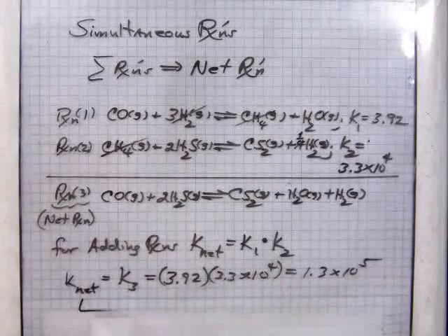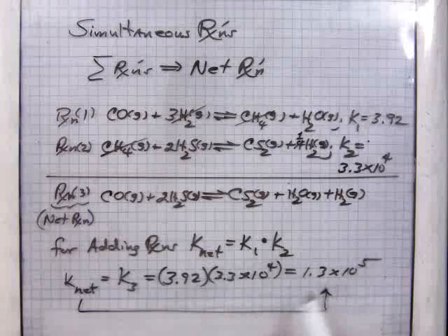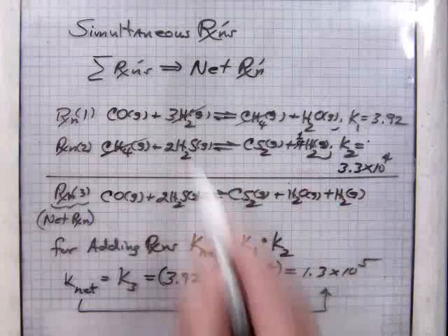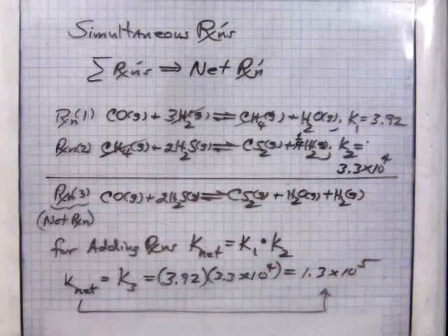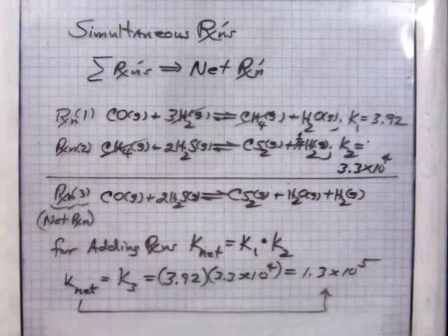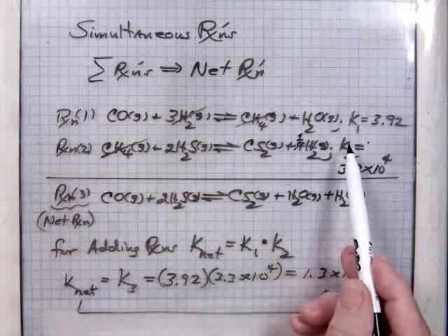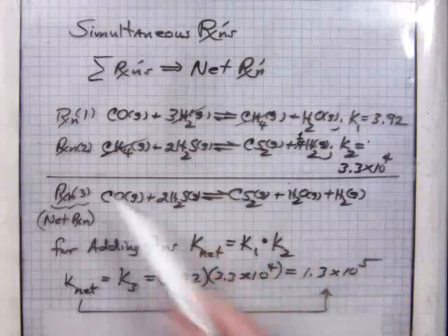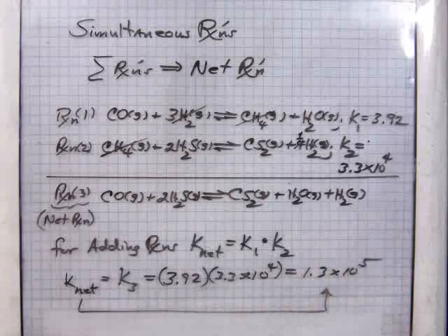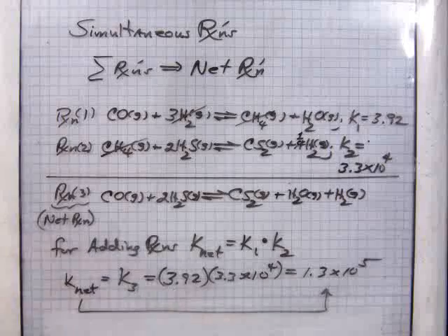So this is the effect of adding those 2 reactions, and others will do the same thing. Problems may give you concentrations in the individual reactions, and you'll add them together and then apply the net reaction and get the concentrations.